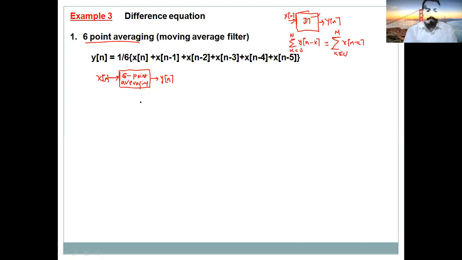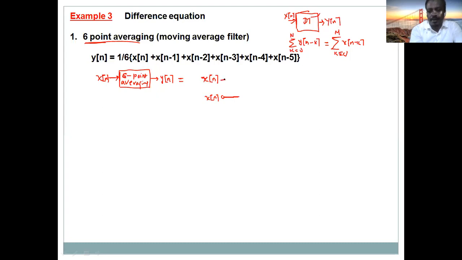As you understand from the name, this system takes the present input x of n. This is our present input, right? The input applied currently. So from the input side, we have x of n, okay?